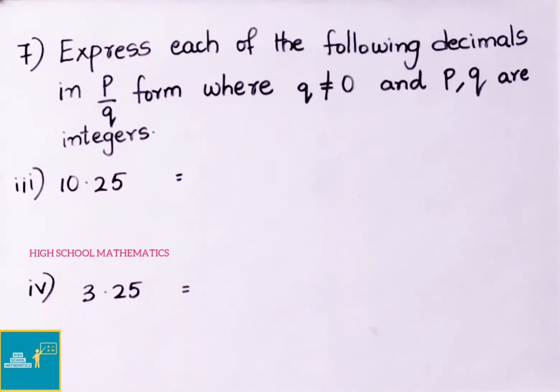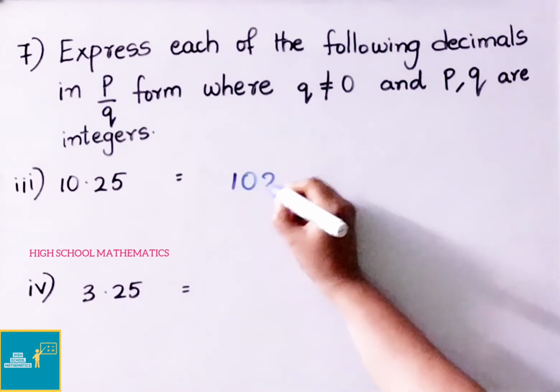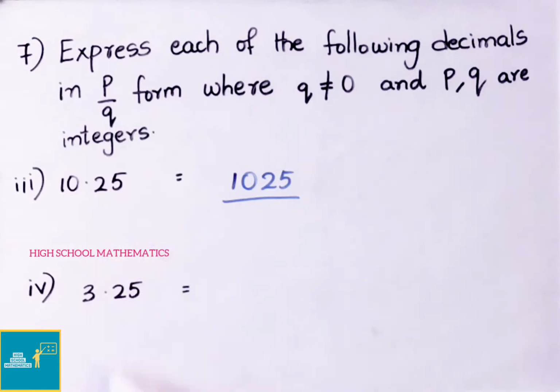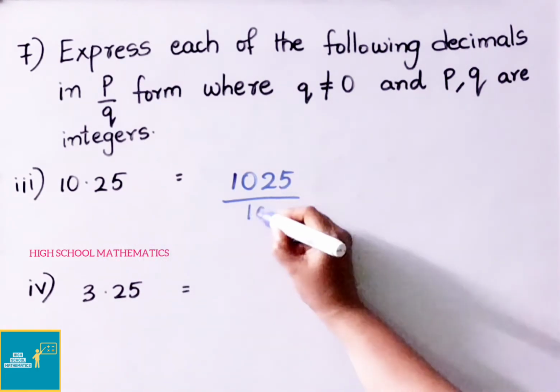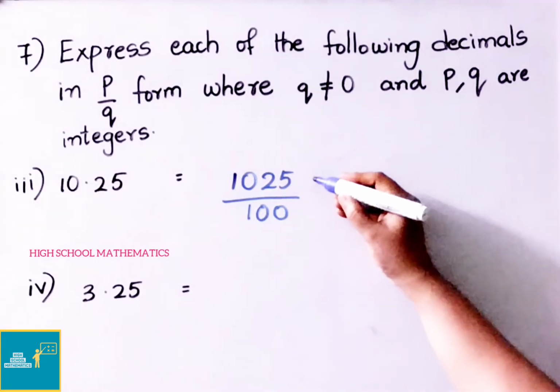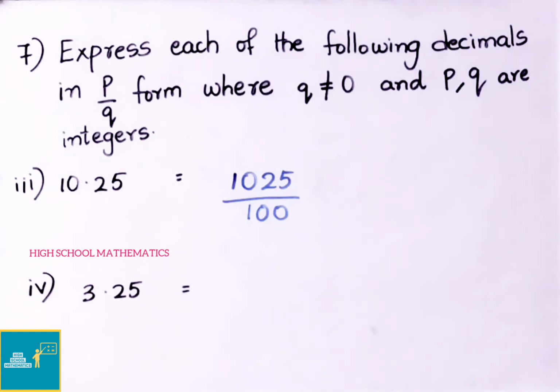See now 7th question, third sum. 10.25 we have to convert into P by Q form. Let us remove the decimal and write down the number 1025 by 100, since 2 digits were present after the decimal.